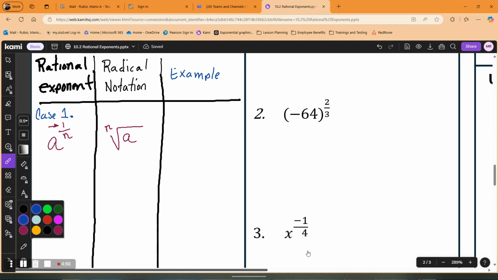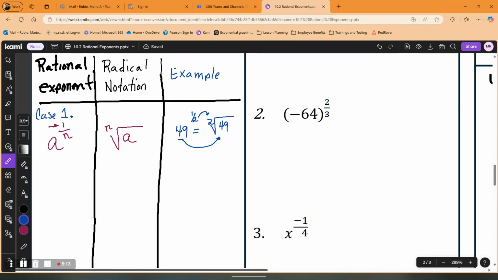And an example of that would be, let's look at 49 raised to the 1/2 power. So what I'm going to say is it's the radical symbol. 49 goes in here, so this number goes inside. And then the n goes right here.